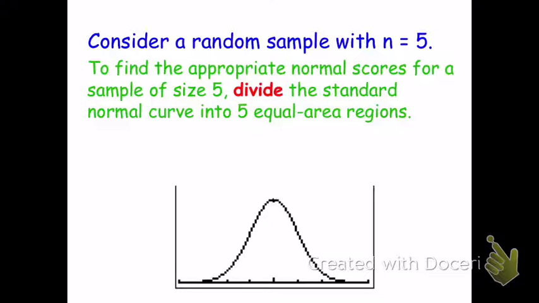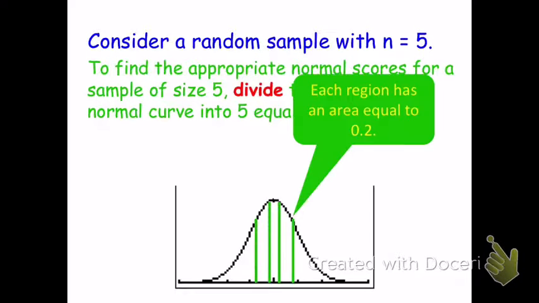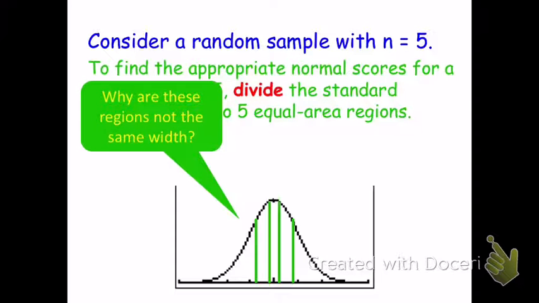Here's the sample, and let's say that our sample size is 5. If I were to divide the normal curve into 5 parts, each area would be about 20%. Why are these regions not the same width? Because they're not the same height.